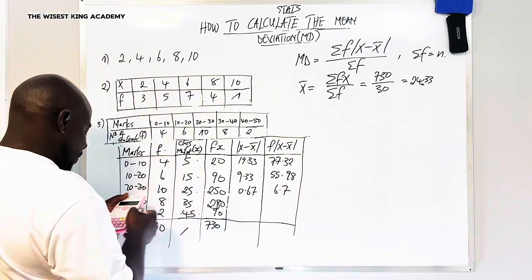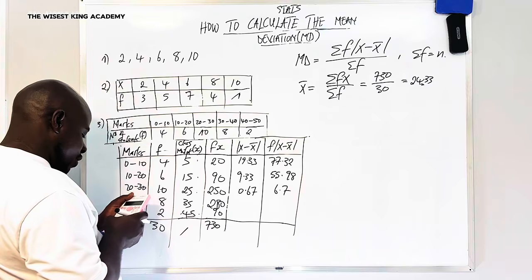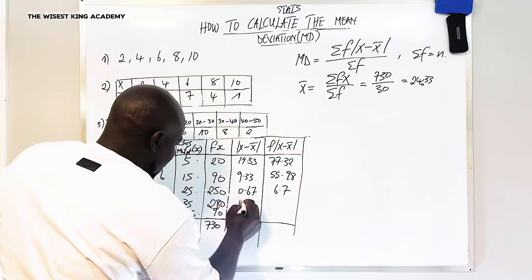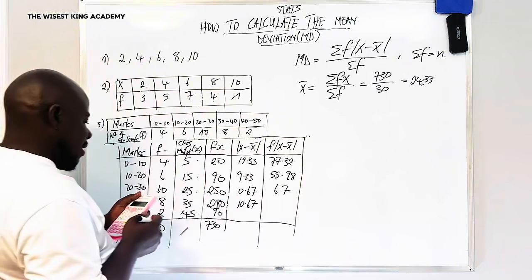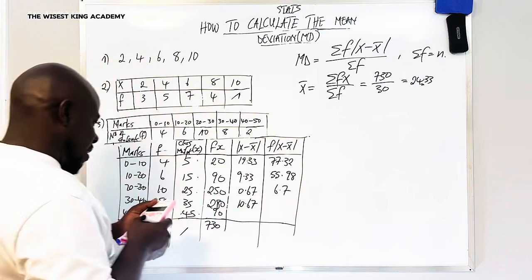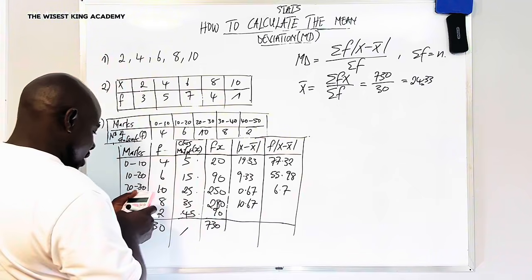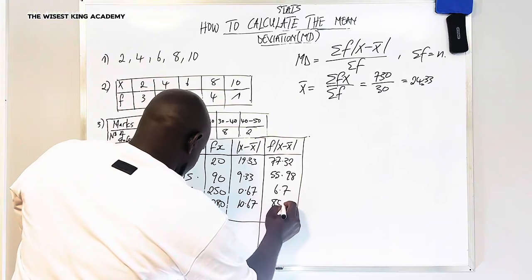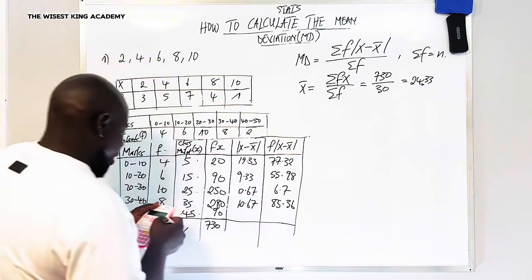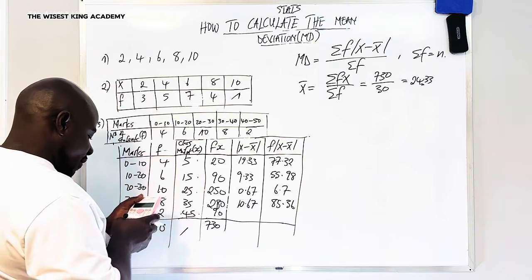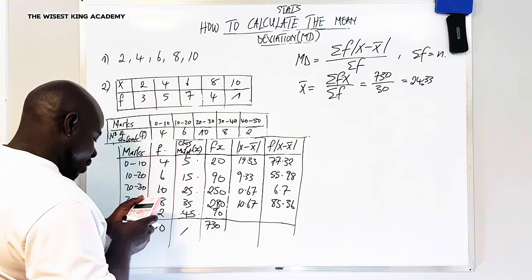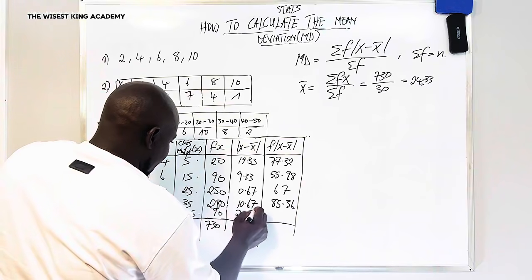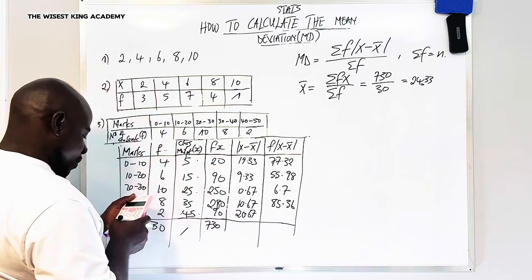Coming down now, 35 minus 24.33. That's going to give me 10.67. 10.67 times 8. That's going to give me 85.36. And last but not the least, 45 minus 24.33. That's going to give me 20.67 times 2.